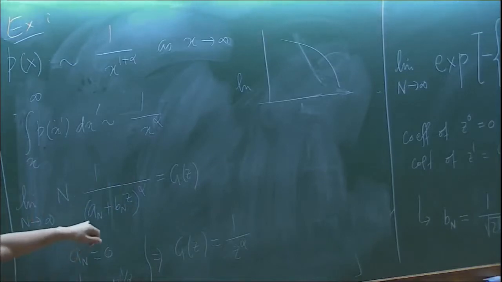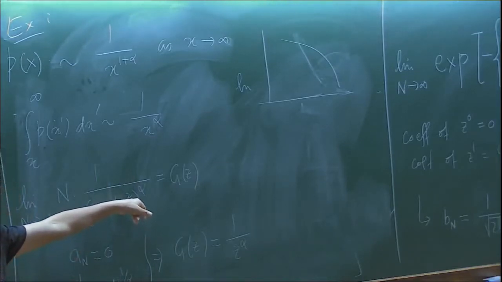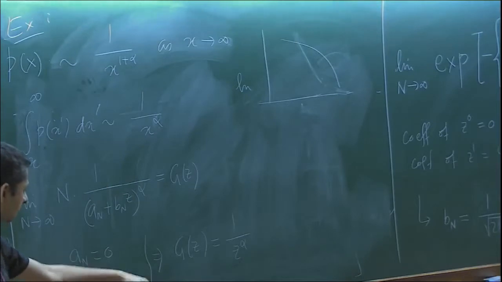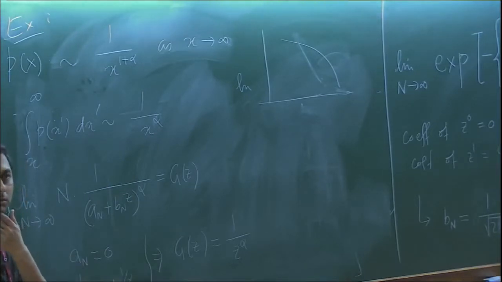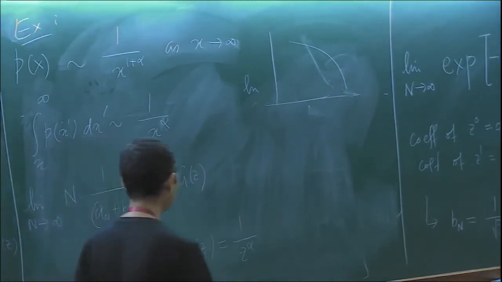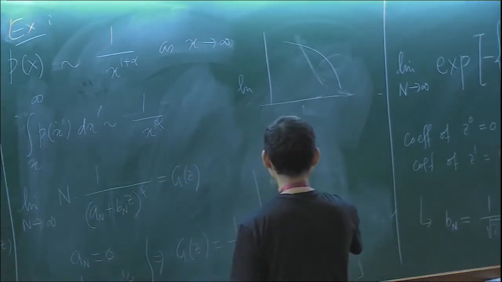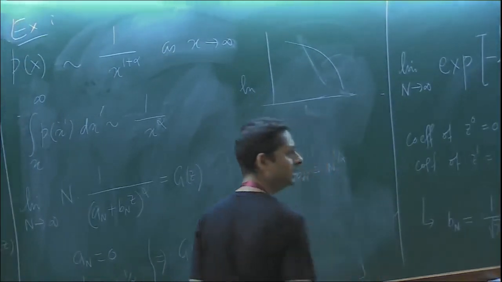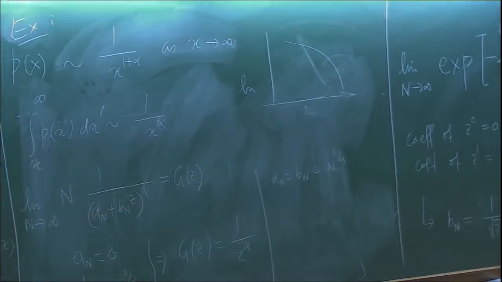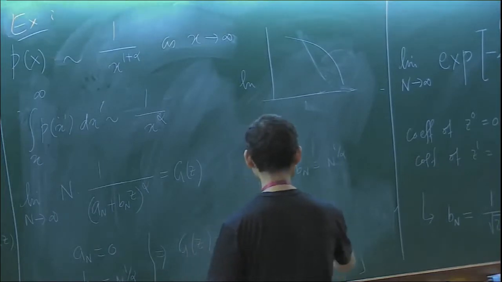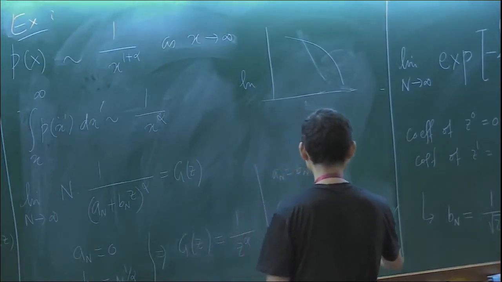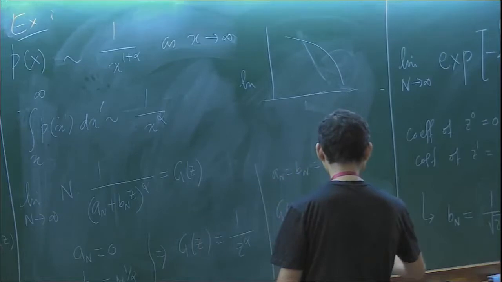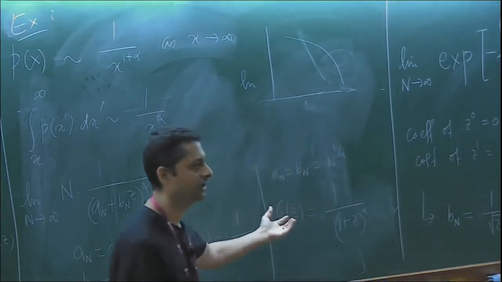You could have also chosen a_n equal to b_n, both n to the power 1 over alpha. It would have given you another function. What is that function? Yeah, but this is not a different function, right?